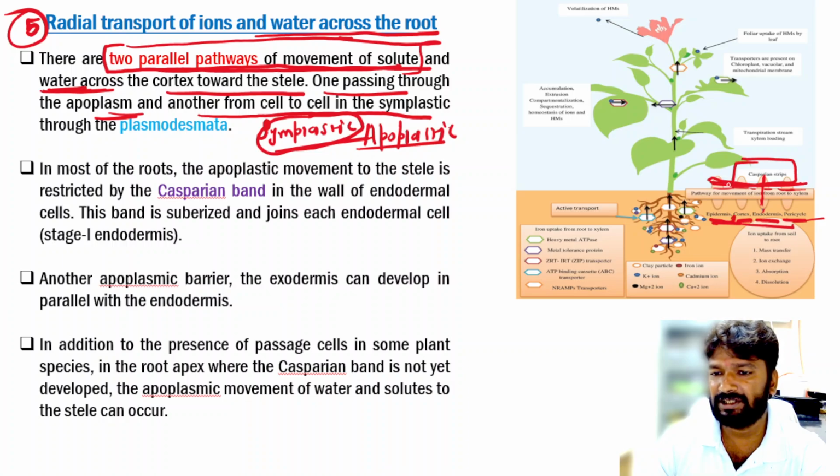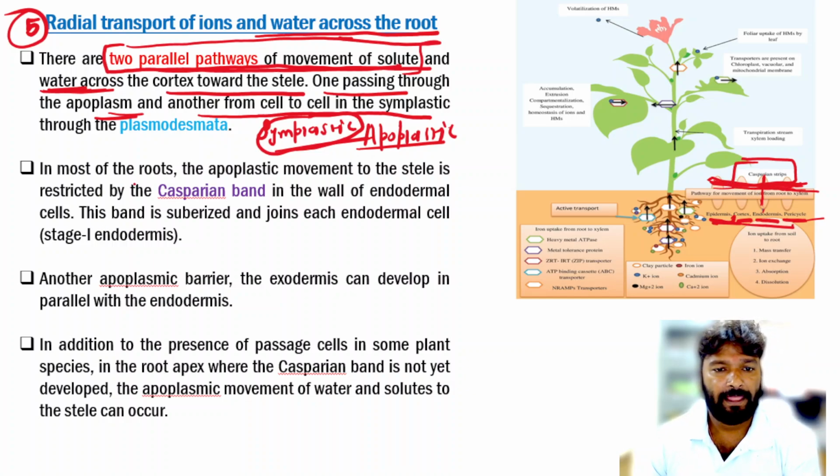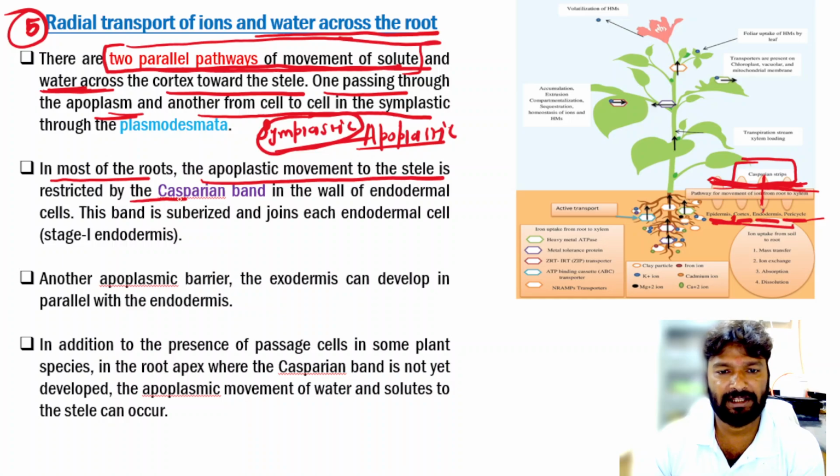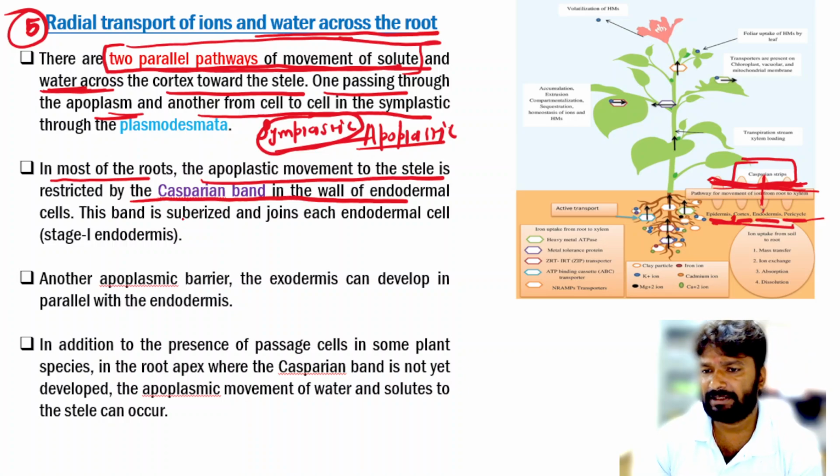Okay, so this is a structure which moves the ions between cells. Okay, in most of the roots, the apoplastic movement to the stele is restricted by the Casparian band in the wall of endodermal cells.